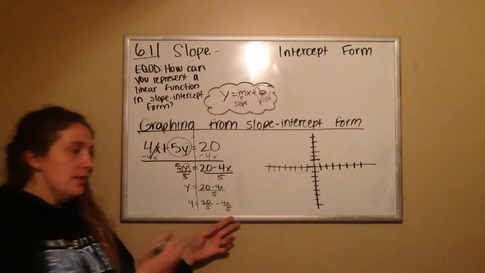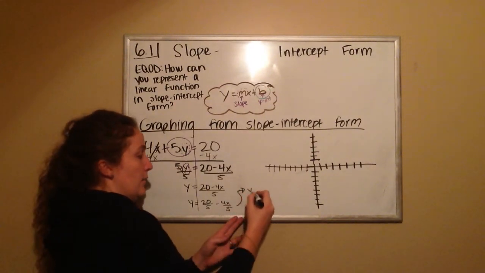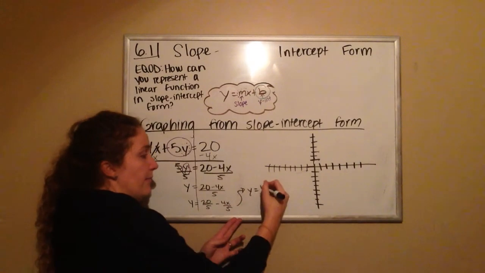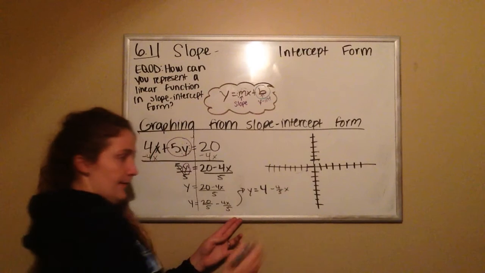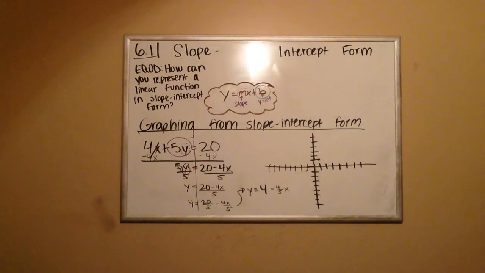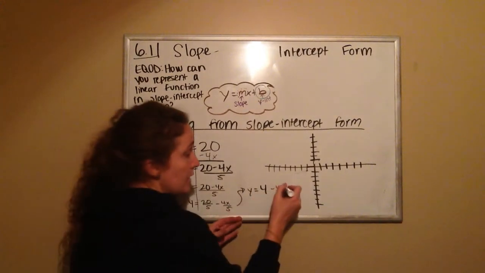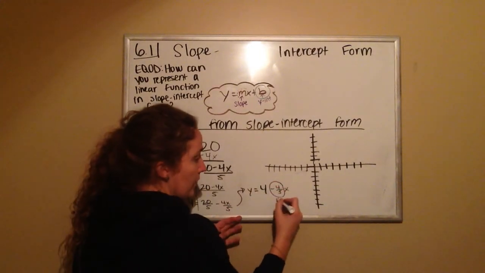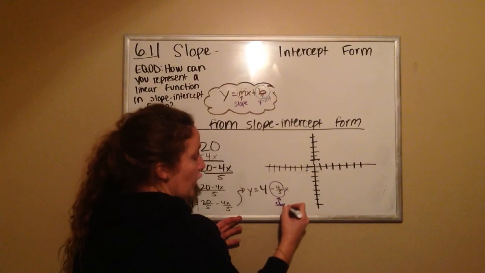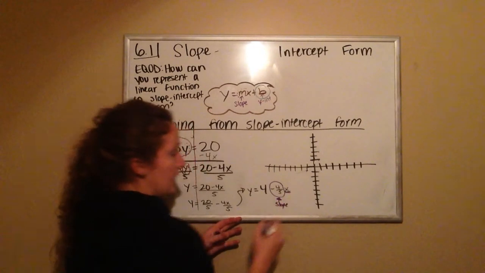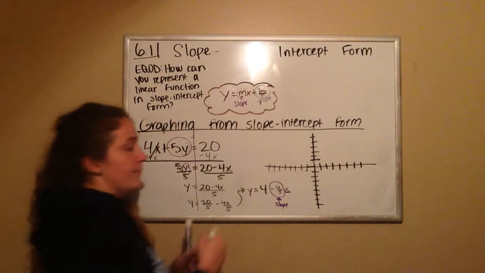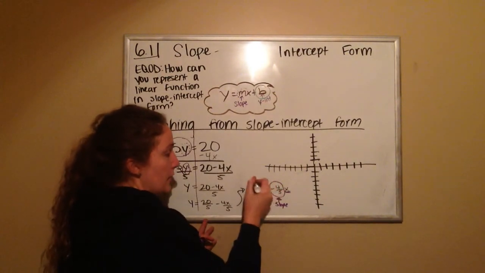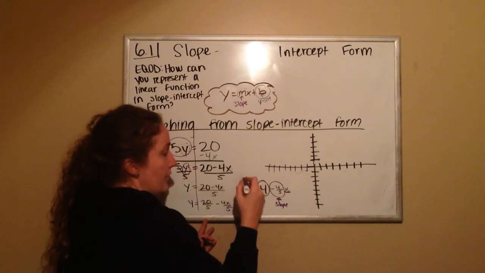So when we simplify this, we would get y is equal to 20 divided by 5 is 4, minus 4 over 5x. When we do that, we can identify both the slope and the y-intercept. Here's the slope right here. Why is that the slope? Because it's the coefficient of x. And then we have our y-intercept right here because it is our constant. It is not a coefficient.